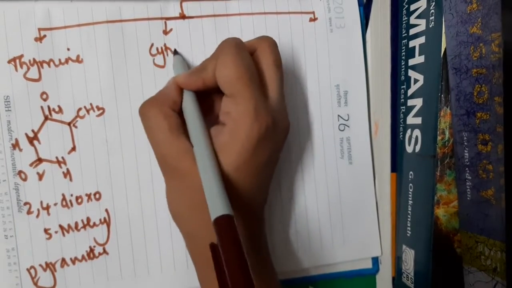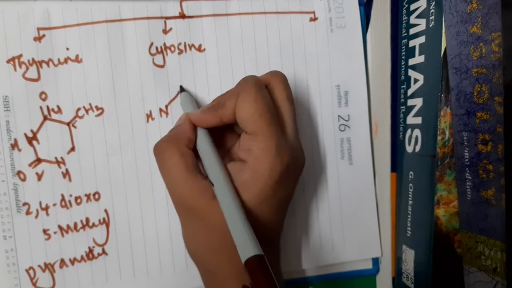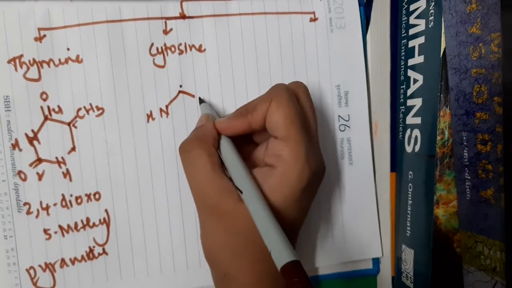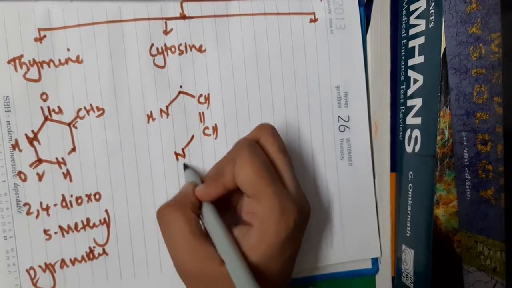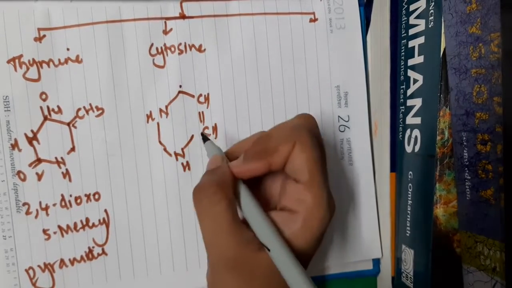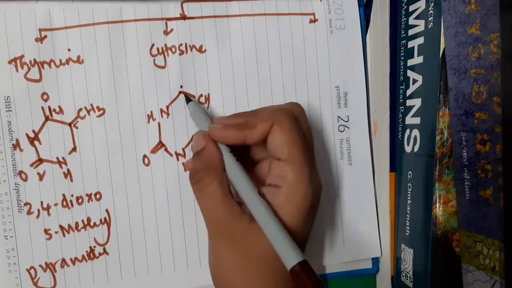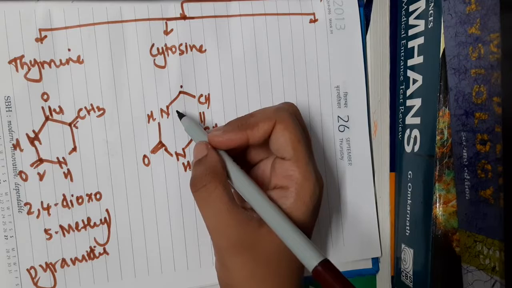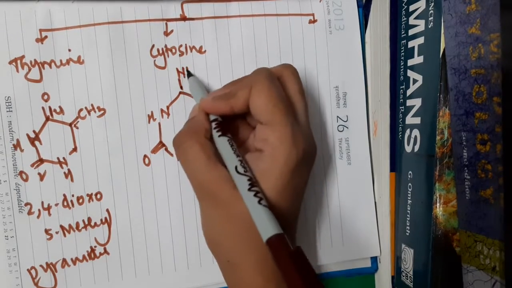Then we have cytosine. In this cytosine, first I will draw the same picture. Here at the 2nd position there is an oxygen group and at the 4th position there is an amino group.